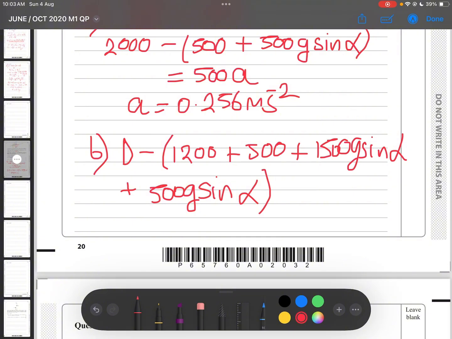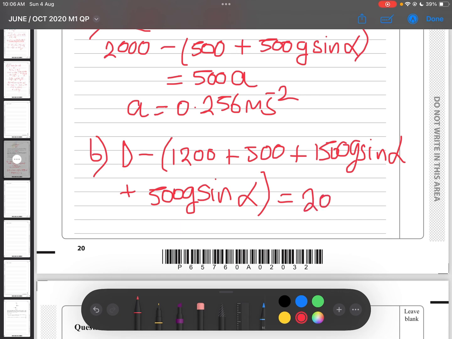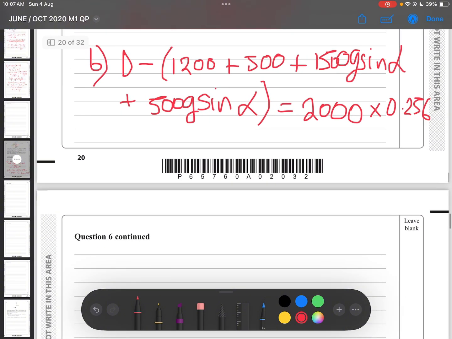These all are going to be equal to MA. 1500 plus 500 is 2000 times the acceleration 0.256, which we found in part A. Remember the fact that the engine and the truck are going to have the same acceleration. Simplifying this entire thing, we are going to get D is equal to 7700 newtons.